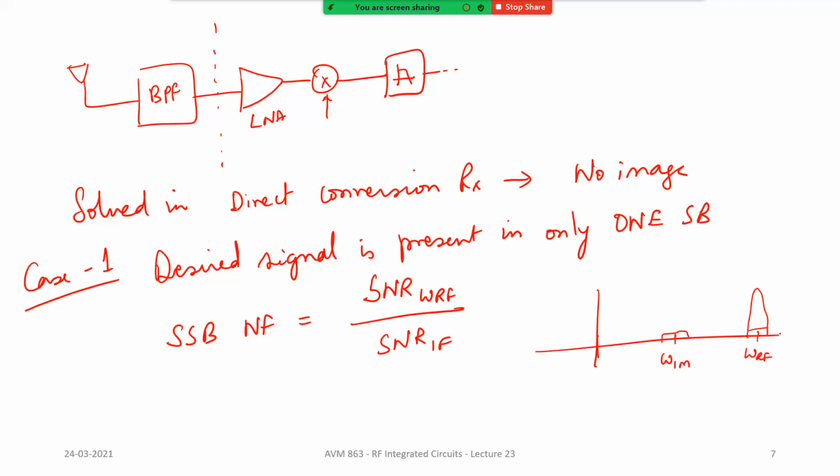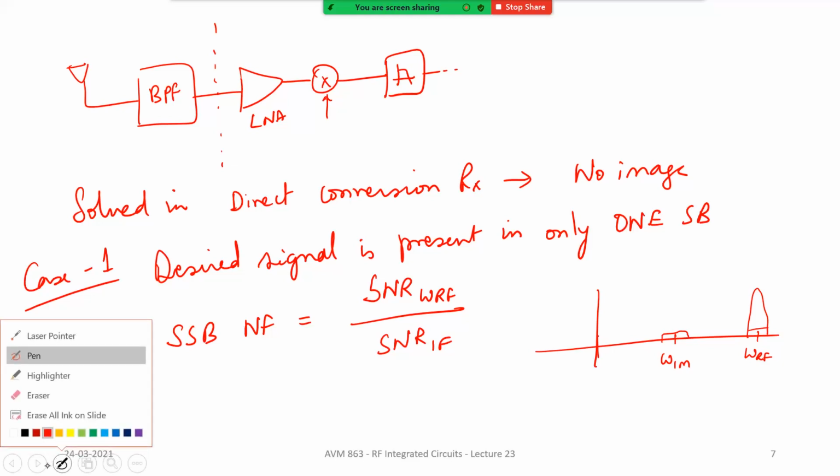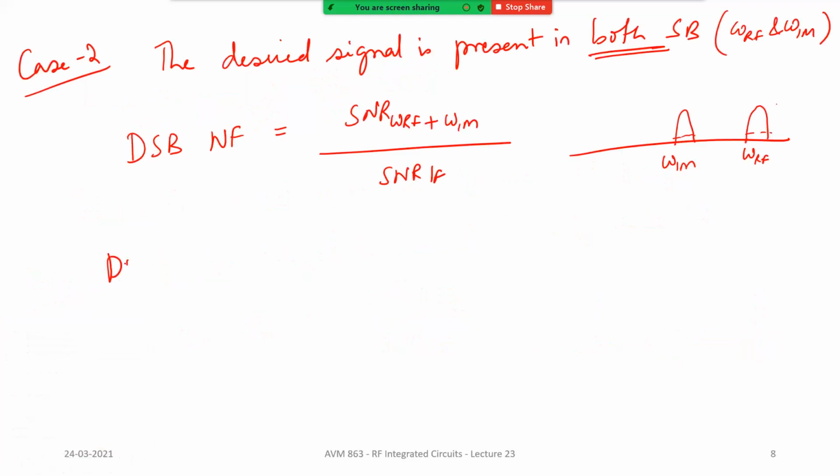So obviously the DSB noise figure is lesser than the SSB noise figure, usually by around 3 dB, assuming the same signal is there in both.